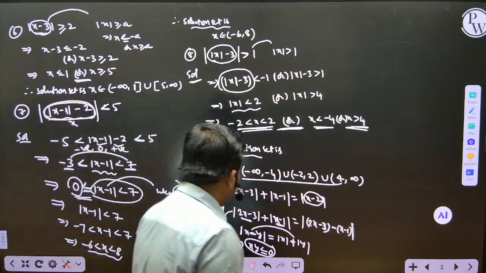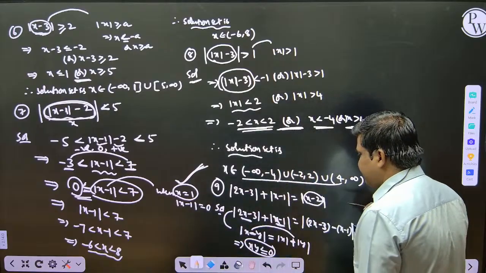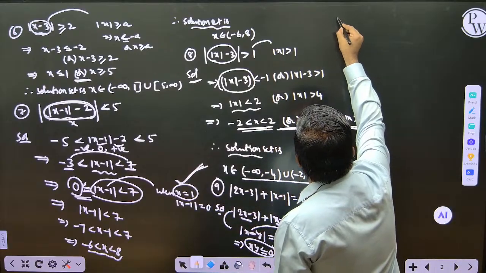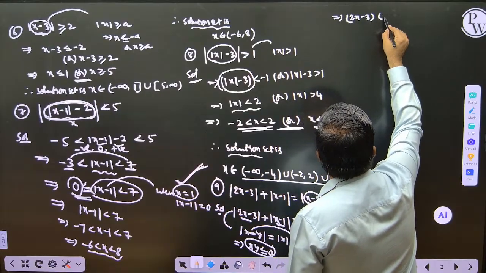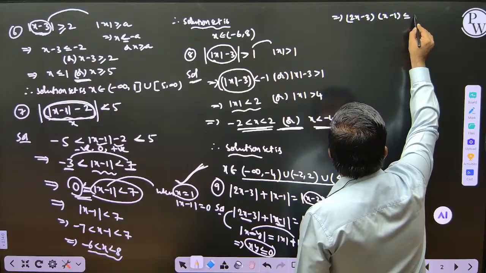What is xy here? 2x minus 3 into x minus 1 is less than or equal to 0.